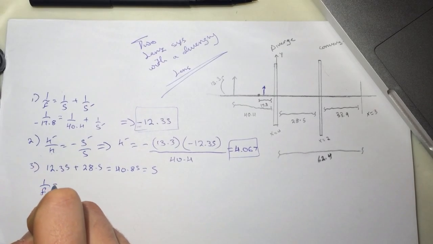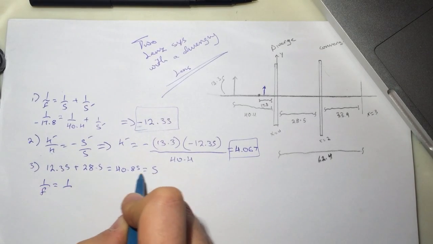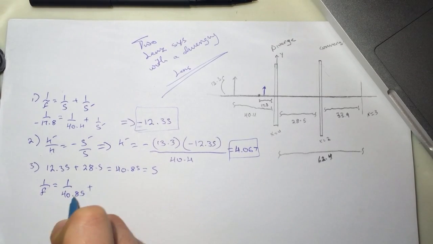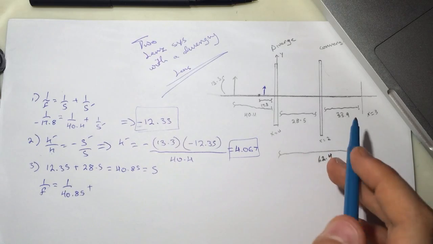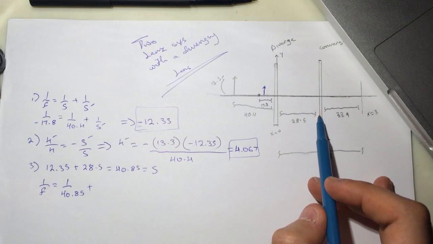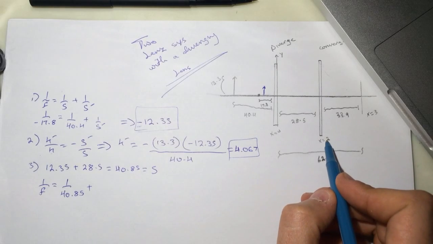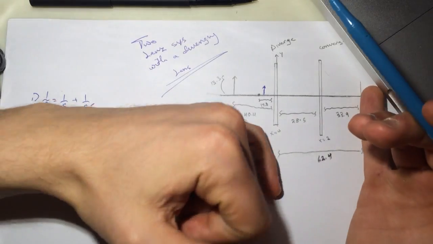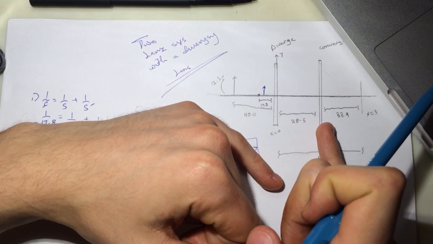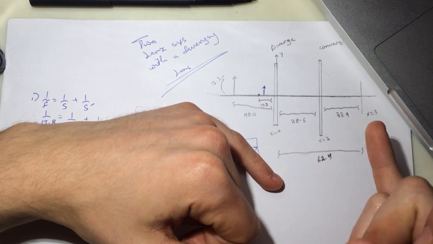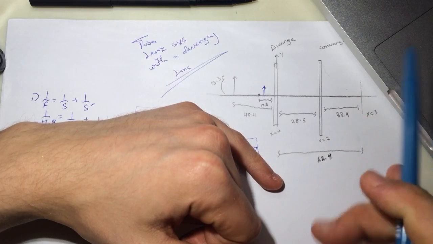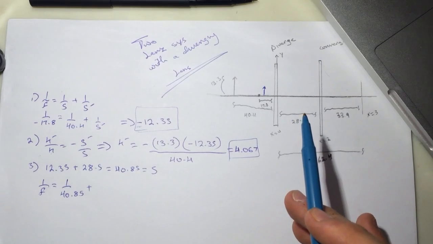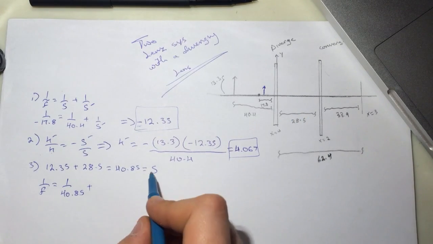So 1 over F equals 1 over S, which is 40.85, plus, now the S prime will be x3 minus x2, because they gave us the x3, which is from here to here, the whole thing, and we only want between the lens and the image.